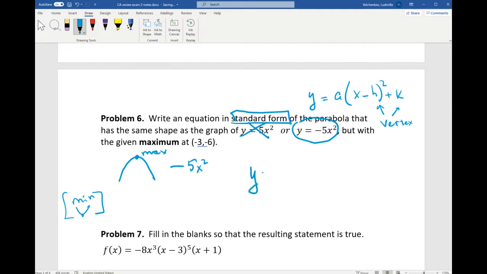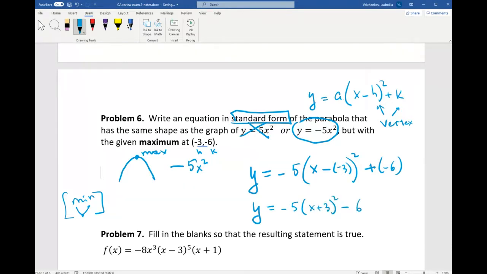So the equation of the parabola will be negative 5, and instead of x we write x minus h. h is 3, k is the y-coordinate of the vertex, so x minus -3, and everything squared, plus k, and k is -6. Let us simplify it a little: y equals -5 times x plus 3 squared minus 6. The equation in standard form.